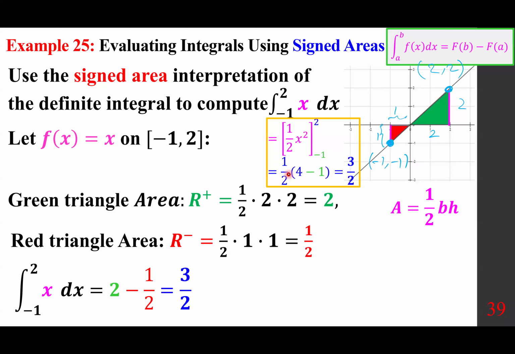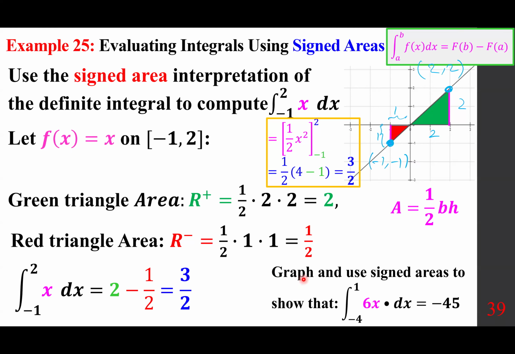In any event, before we move on to the next one, I want you to work on this at home later on. Graph and use signed areas to show that the integral from -4 to 1 of 6x dx is -45. Remember, in this case, f of x is 6x, and the interval is -4 to 1. So that would be a good practice.